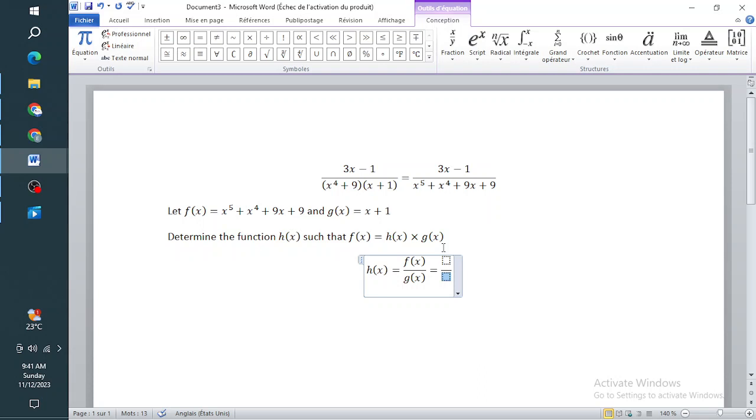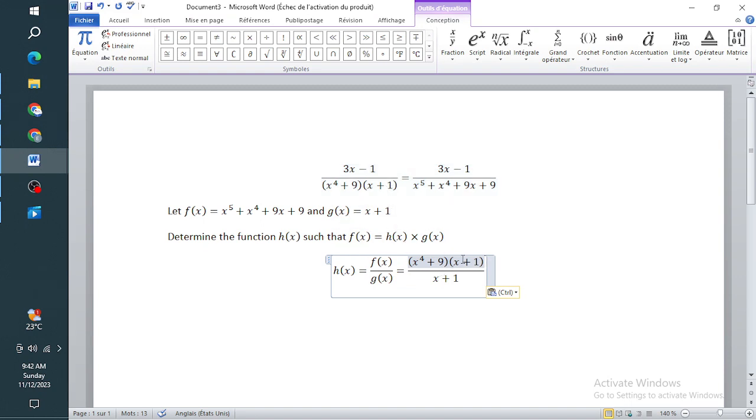My g of x is simply x plus 1 and my f of x is equal to this. You start by first getting these two factors, because at the end of the day I want you to factorize f of x completely.